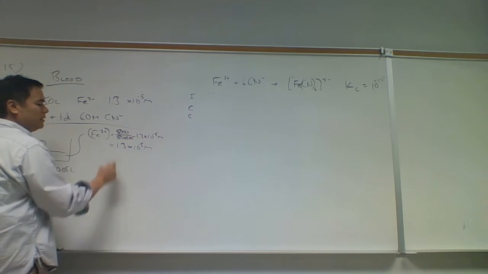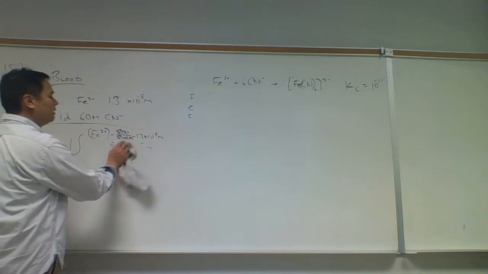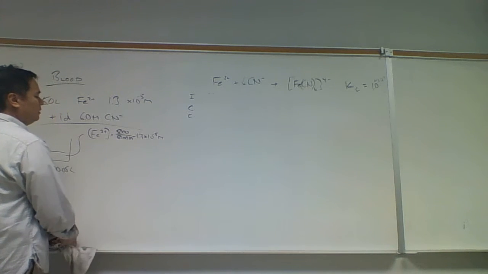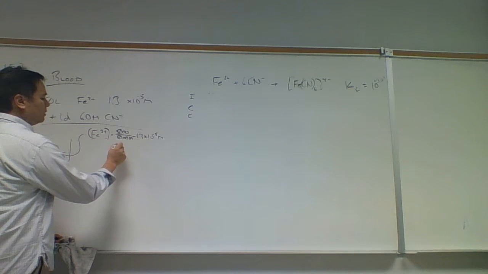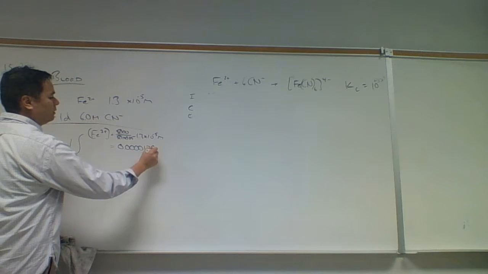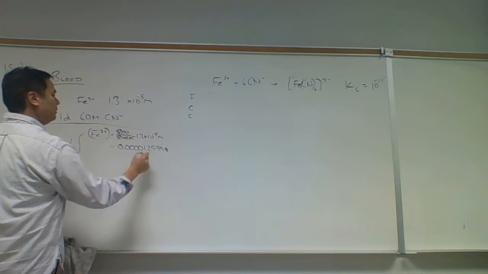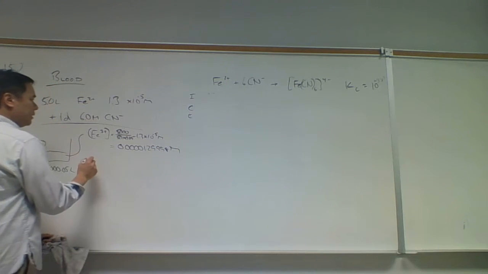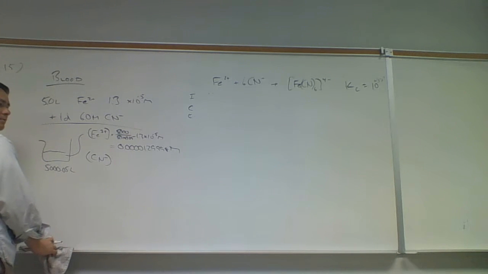What does it come out to? 0.0000129987. Then the cyanide, so the iron barely changed. This is about 1.3 times 10 to the minus 5 molar.